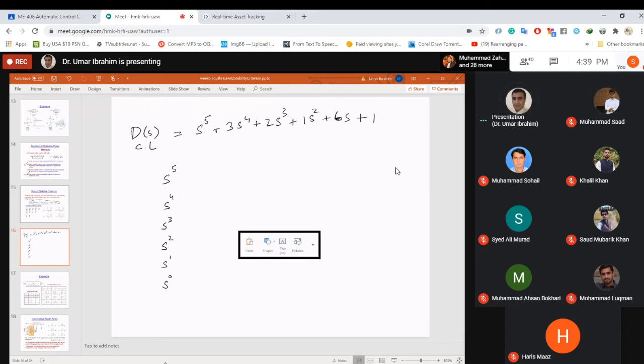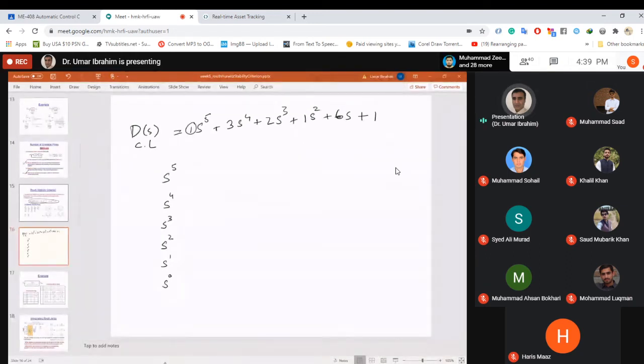Okay. Next, you will write the coefficients. So here the coefficient is 1. Next, the s4 coefficient will be written here. After that, okay, let's start with first the odd coefficients. So the highest power is odd, 5.